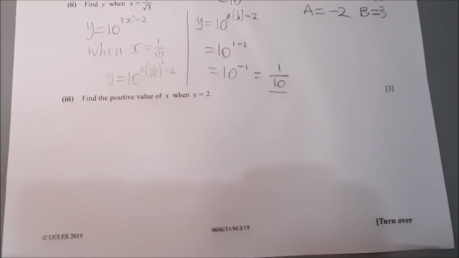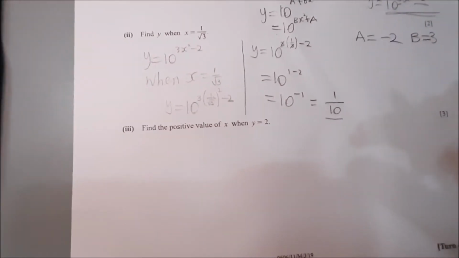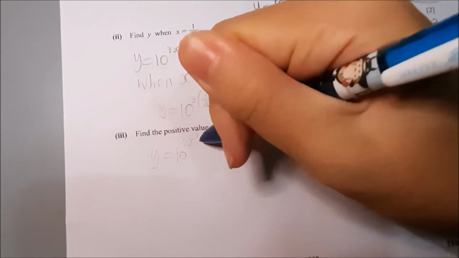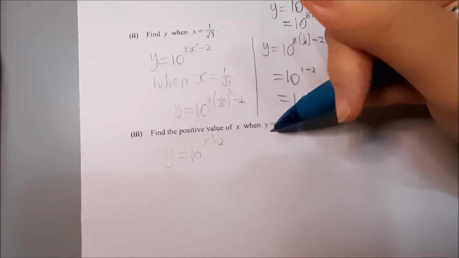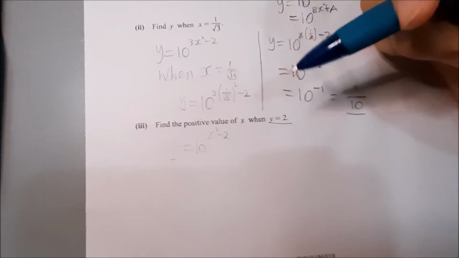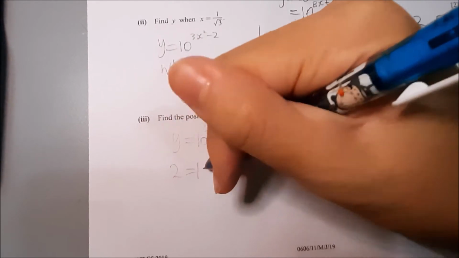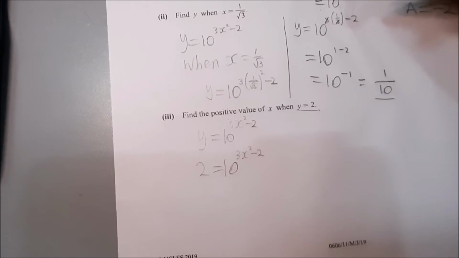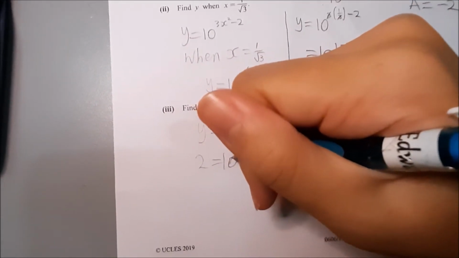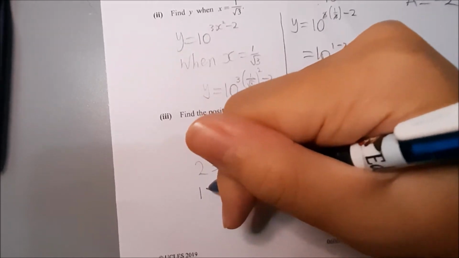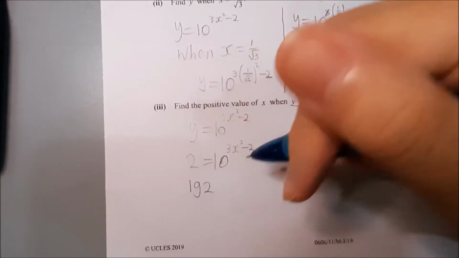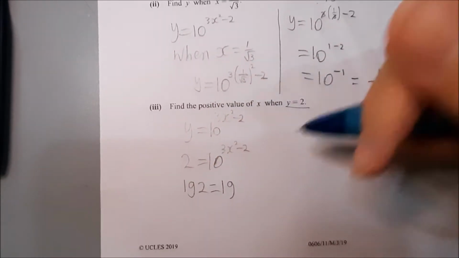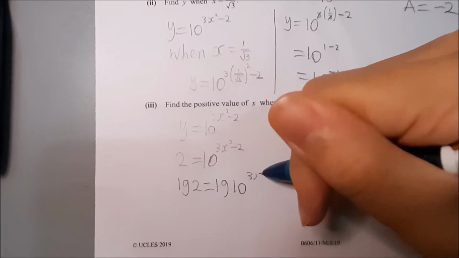Part 3. Find the positive value of x when y equals 2. This is simple, so you just have to equate the equation y equals 10 to the power of 3x squared minus 2. So in this case, when y equals 2, you have to solve for x. So when y equals 2, this is 10 to the power of 3x squared minus 2. And now you can log both sides, so that it becomes lg 2 and lg 10 to the power of 3x squared minus 2.